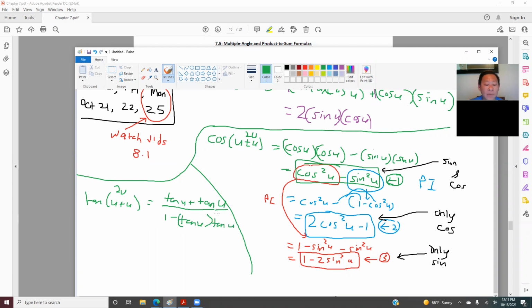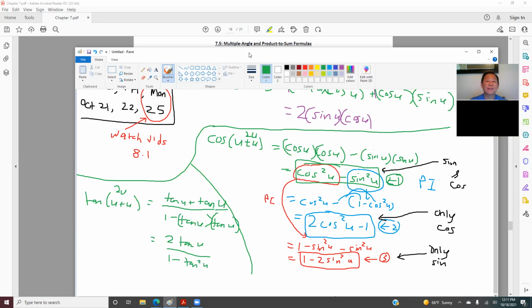And again, because v in this case is u, both of them are u. So this is tangent u and tangent u. If you combine them, tangent u plus tangent u, you get 2 tangent u. Then 1 minus, this multiplied becomes tangent squared.